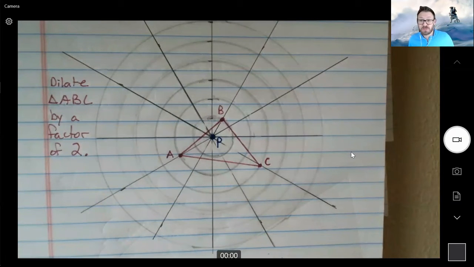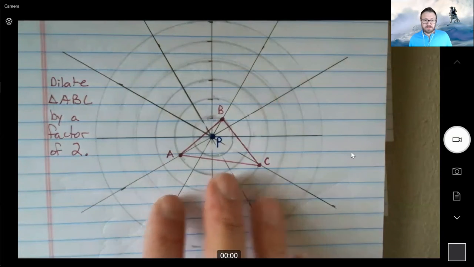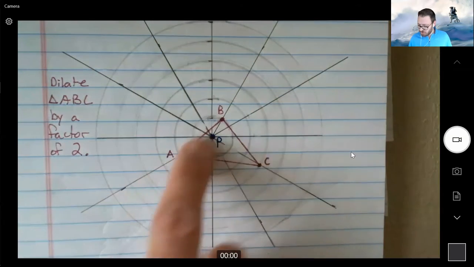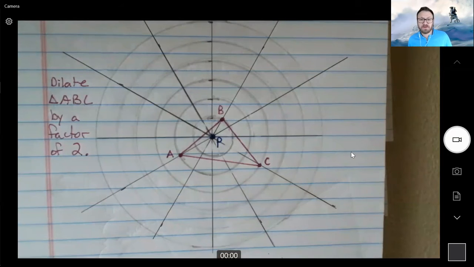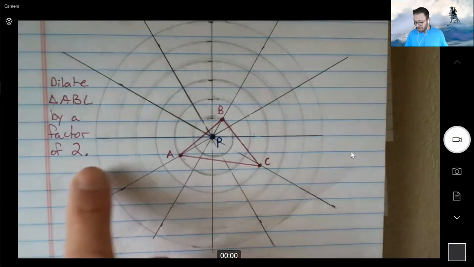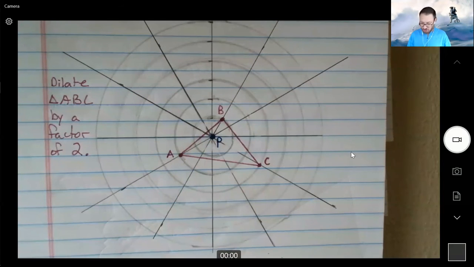Now, I've included a picture of this in the Google Classroom notes. And your objective is to use this grid. I want you to dilate this triangle by a factor of 2. And let's make a note here, using point P as the center of dilation.